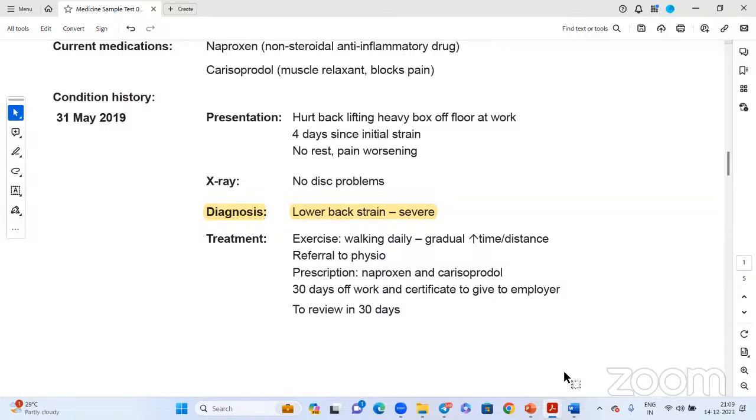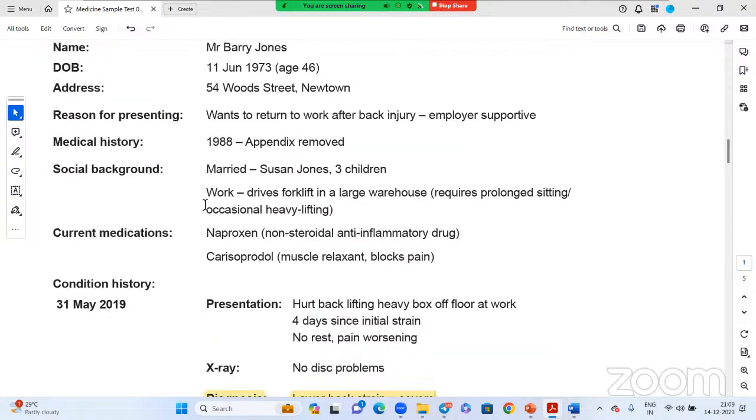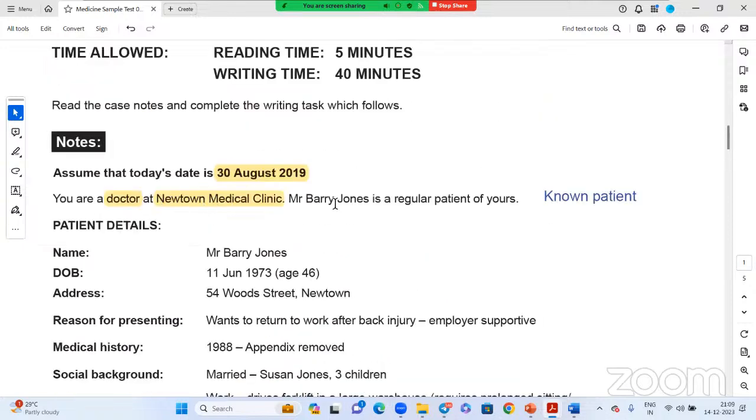Then this is the diagnosis. Okay. And the name of the patient is here, Mr. Barry Jones.